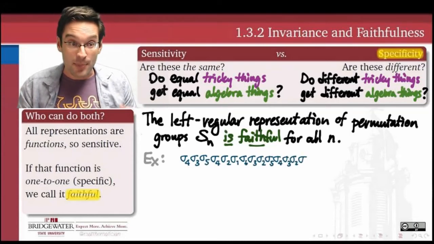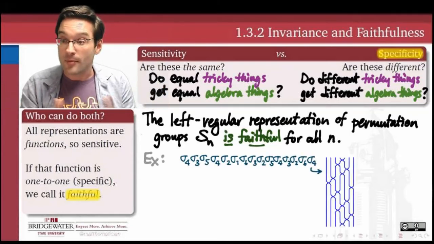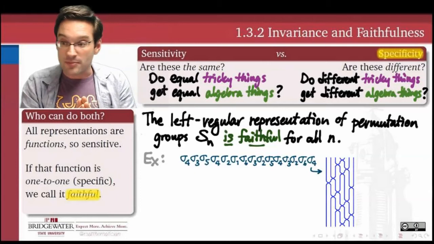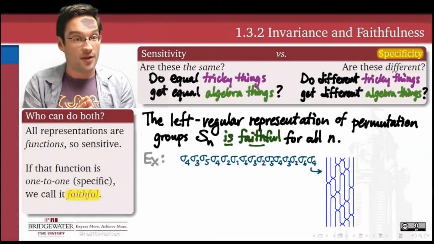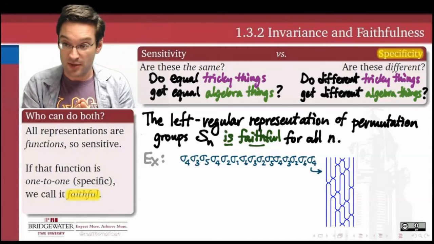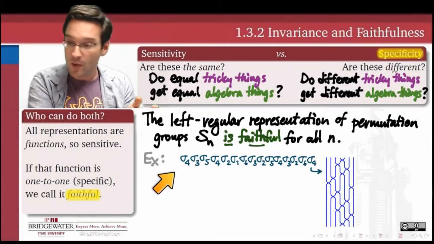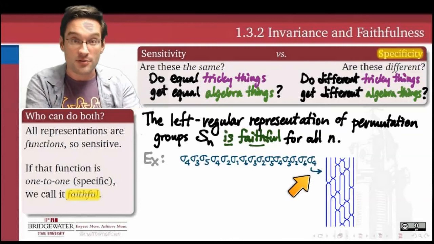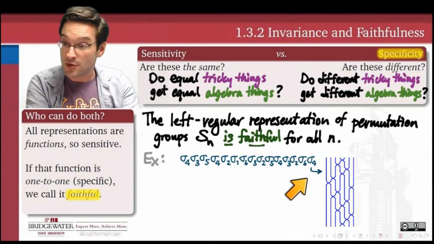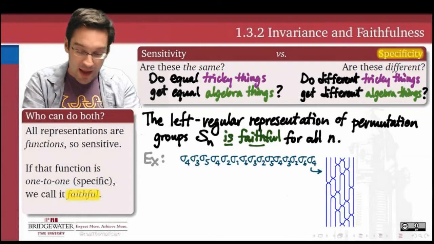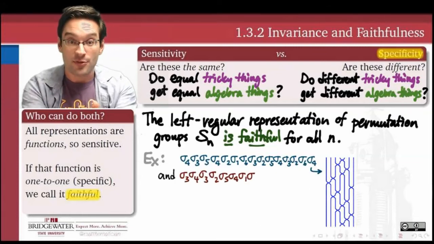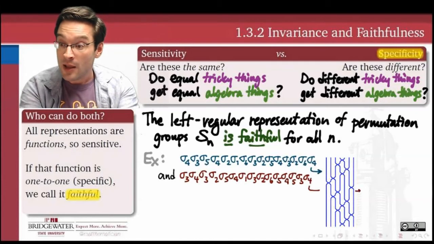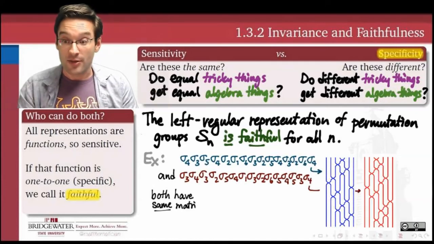So as an example of why we might care about that, I build some nasty braidogram that has, you know, a dozen plus different transpositions in it. And so it has this word written using the generators of the Coxeter presentation of the symmetric group on, in this case, 7 symbols. And then somebody else comes up to me on the street, because this happens to mathematicians a lot, and hands me another word built out of the same generators.